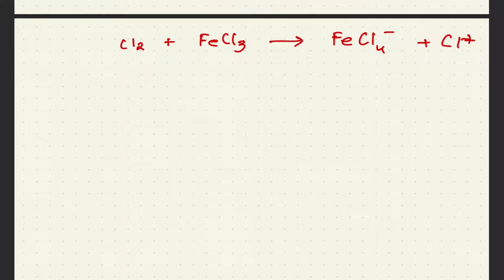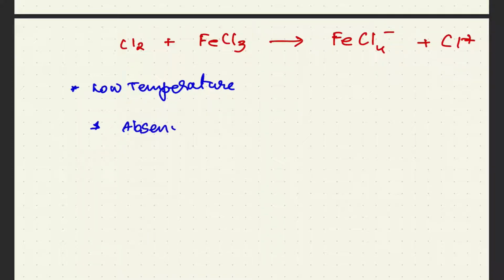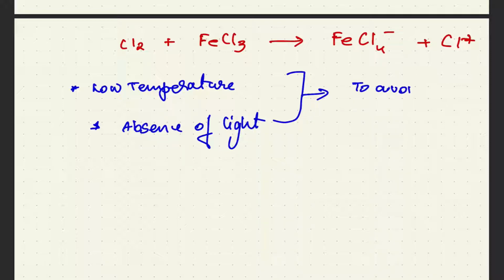So the reaction conditions are low temperature, and I'll tell you why we consider low temperature, and absence of light. This is to avoid the free radical mechanism as well.